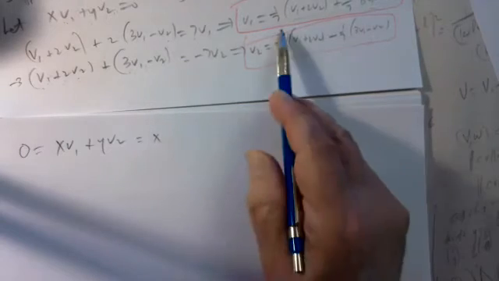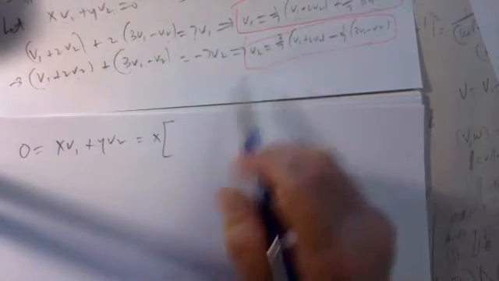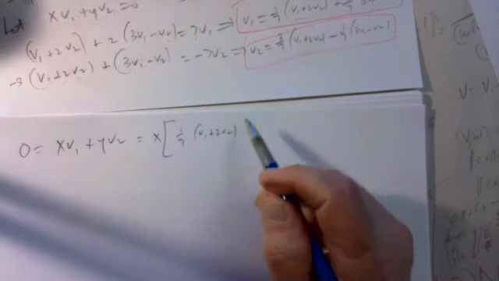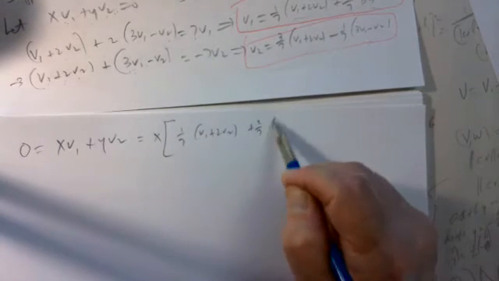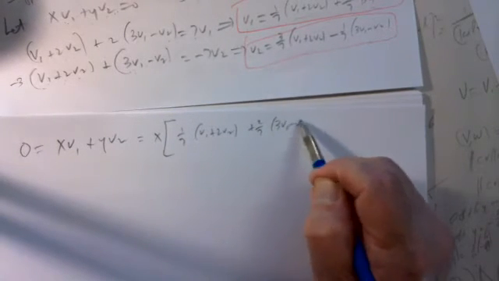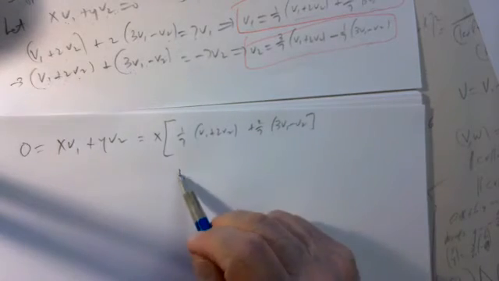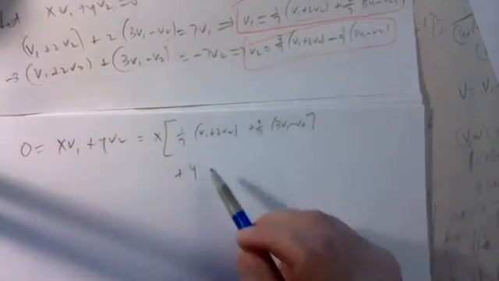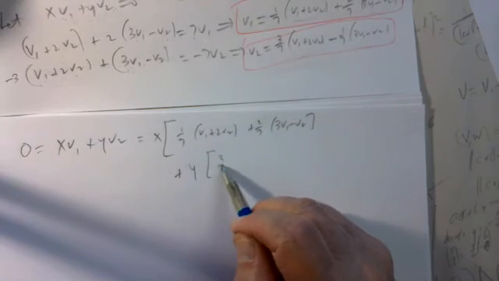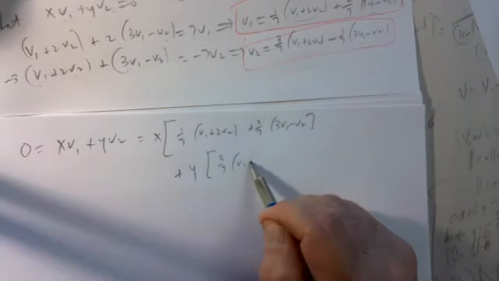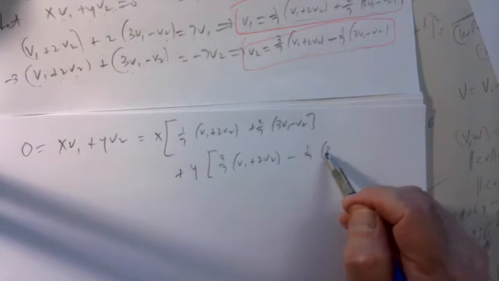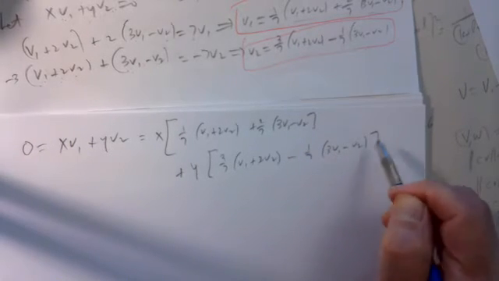But V1 is 1/7 (v1 plus 2v2) plus 2/7 (3v1 minus v2), plus yv2, but I can write V2 as 3/7 (v1 plus 2v2) minus 1/7 (3v1 minus v2).